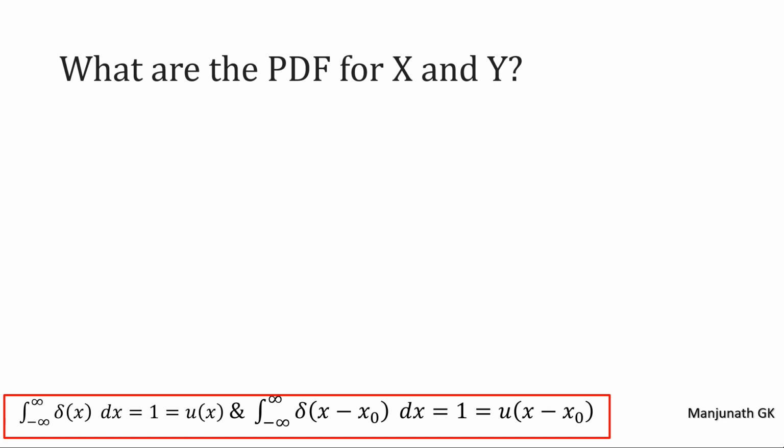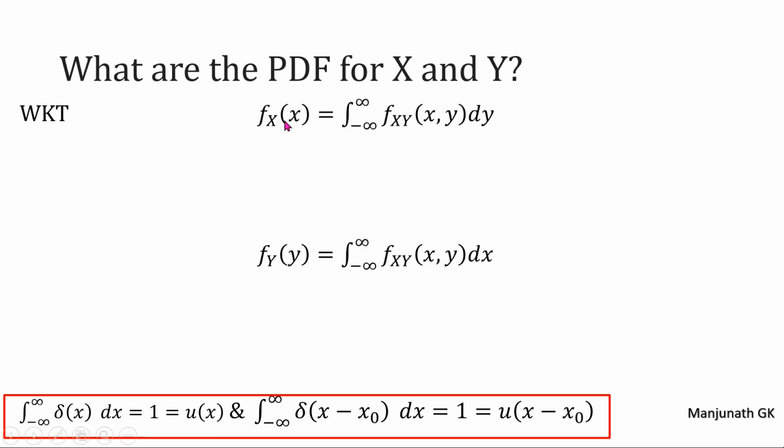Alright, what are the PDFs for x and y? They are nothing but fx of x and fy of y. Calculating a single random variable probability density function using a bivariate probability density function: fx of x can be calculated by integrating the bivariate PDF with respect to y.